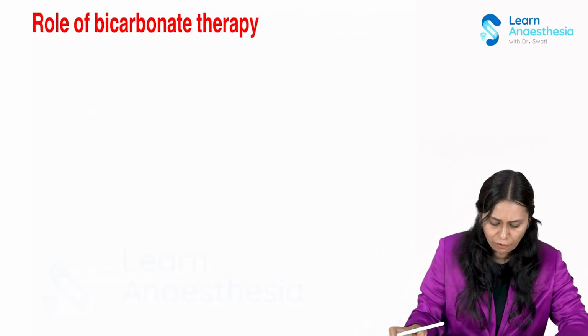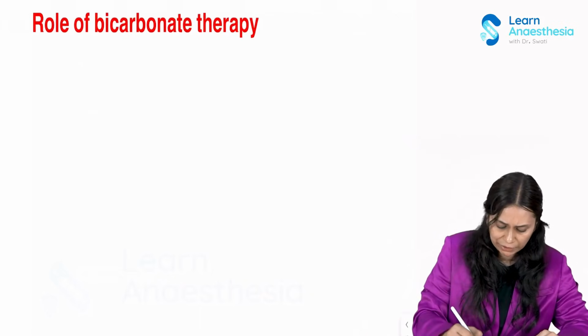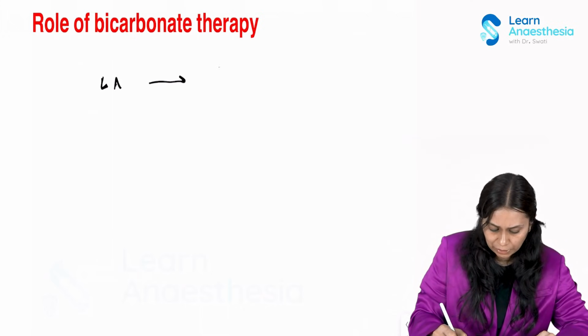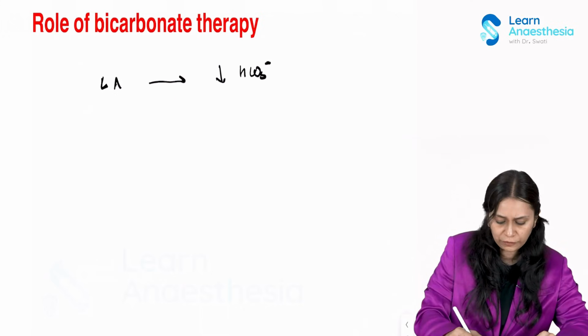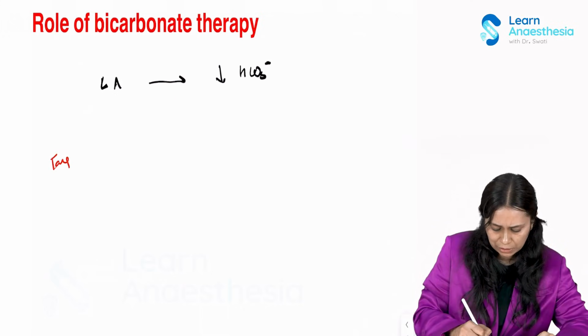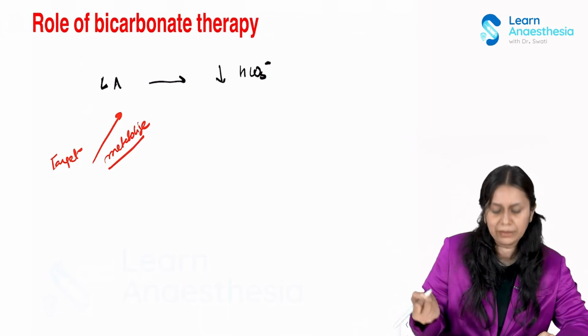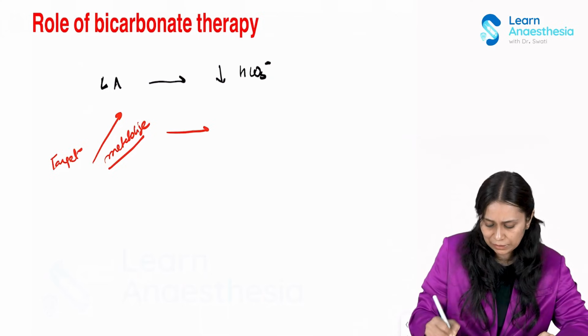So, role of bicarbonate therapy. Now, lactic acidosis, what does it do? It decreases the bicarbonate. So, what should be our target? Our target should be to metabolize the lactate. This will increase the HCO3, right?